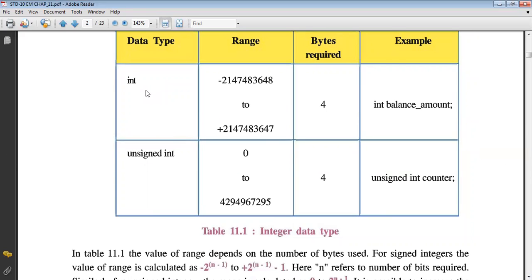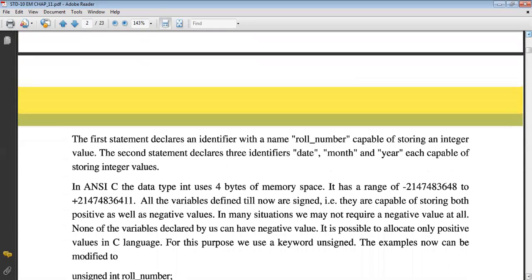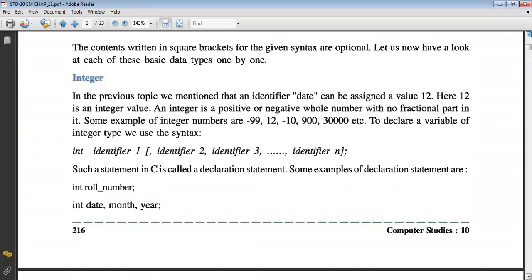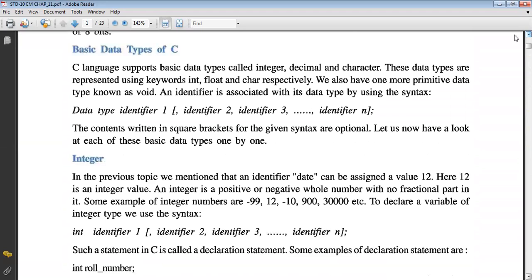There are three basic types: integer, decimal and character. Integer for whole numbers, decimal for decimal numbers, and character for characters.